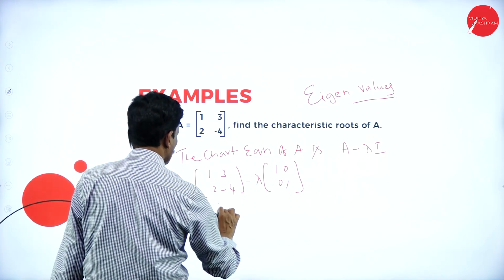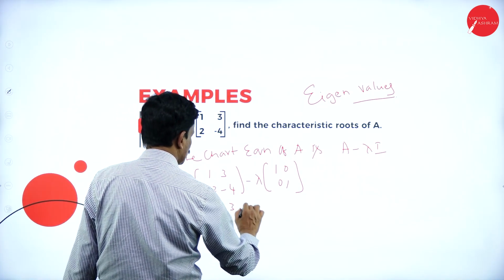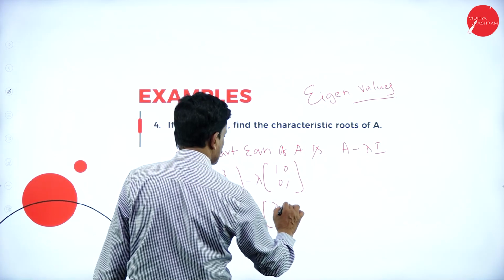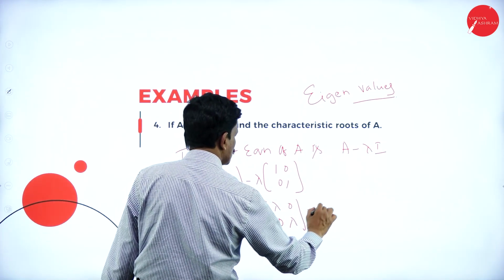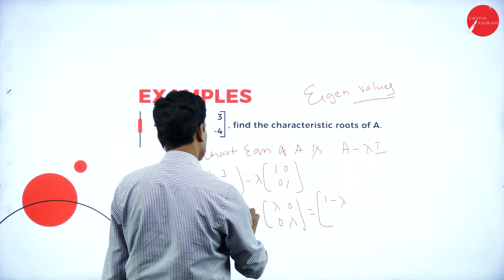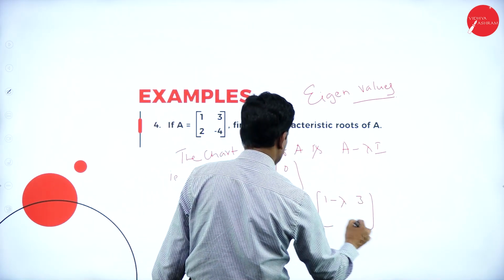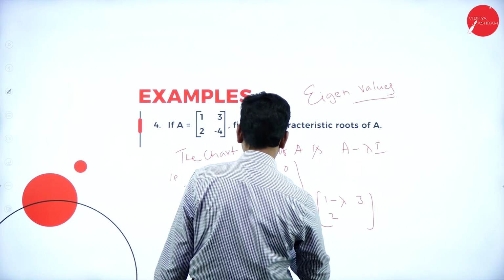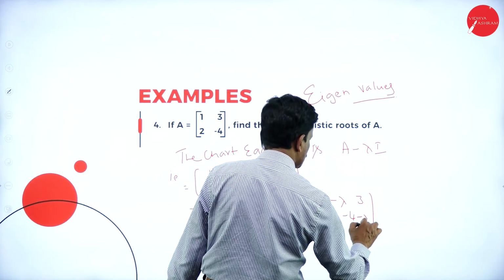That's equal to [1, 3; 2, -4] minus [lambda, 0; 0, lambda]. Simplify this: 1 minus lambda, 3 minus 0 is 3, 2, and minus 4 minus lambda.